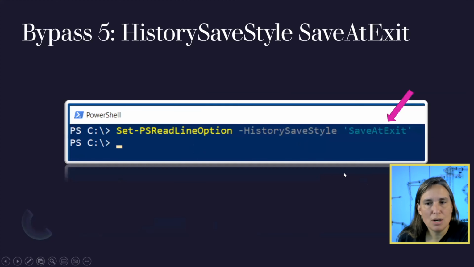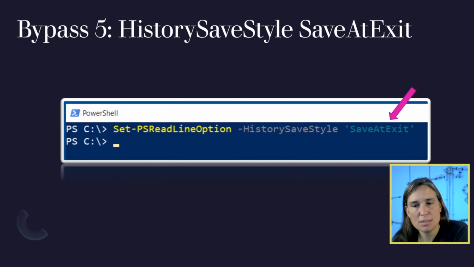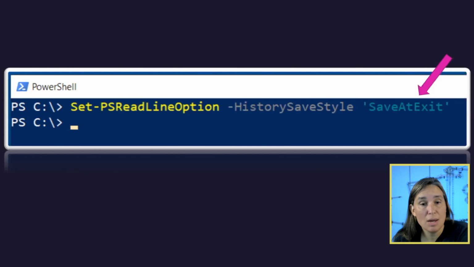So that's pretty clear. We also have SaveAtExit. When I was coming up with this presentation, I thought, well, let's just set it to SaveAtExit, and then after we're done running our attack commands, we just crash this PowerShell window so it can't do its typical shutdown items like writing the commands to the history file. I think that's a valid idea. But as it turns out, SaveAtExit is broken.